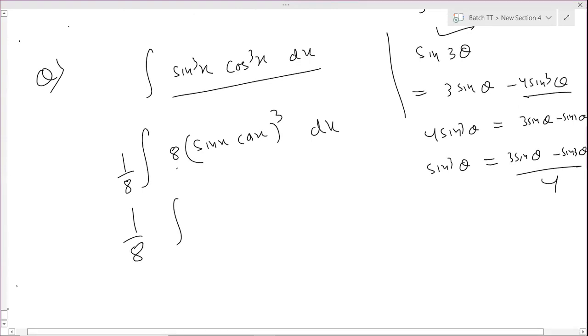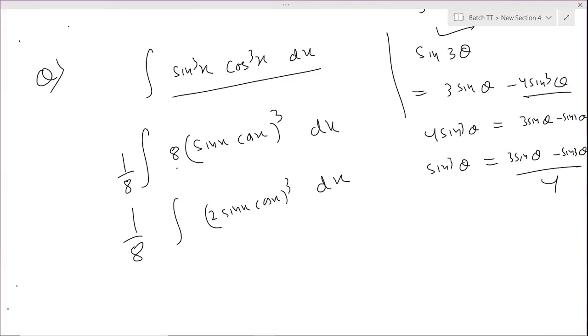Taking this 8 inside the brackets, I can write 2 sine x cos x to the power 3 dx. Yes or no? Yes, sir. So this is 1 upon 8 integration, and 2 sine theta cos theta is sine 2 theta.